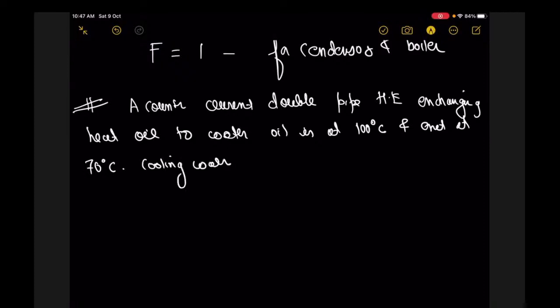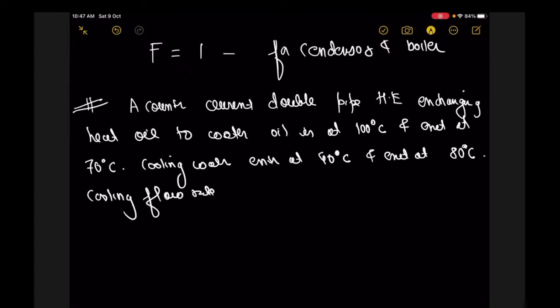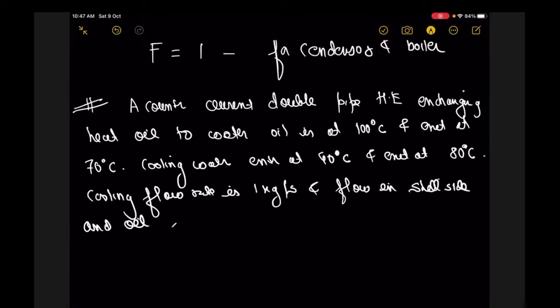Cooling water enters at 40 degrees centigrade and exits at 80 degrees centigrade. Cooling water flow rate is 1 kg per second and flows in the shell side, and oil flows in the tube side.